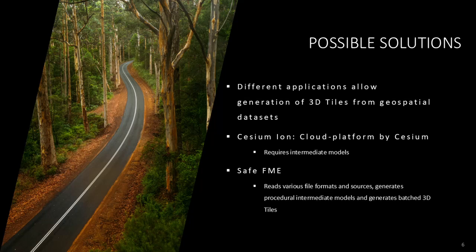On the other hand is Safe FME. Safe FME can read different file formats, for example, point features, shapefiles, file GDBs, and 3D models, augment these datasets, and then generate batched 3D tiles. However, due to the large number of features in our scene, it's not ideal to have batched 3D models.